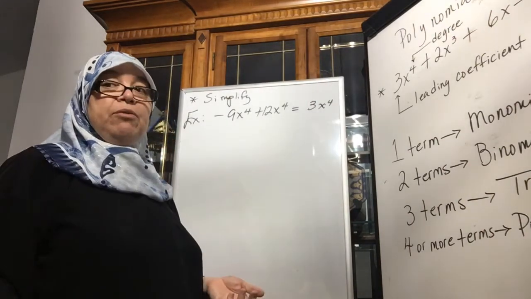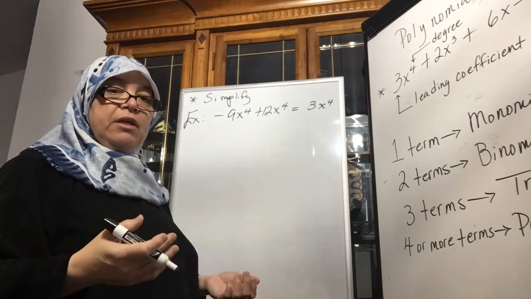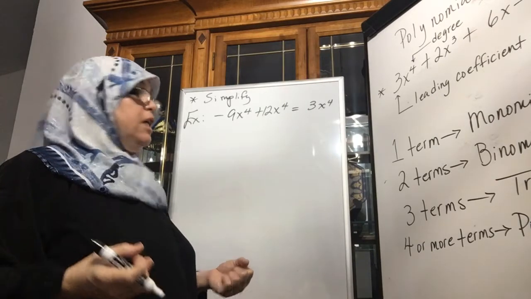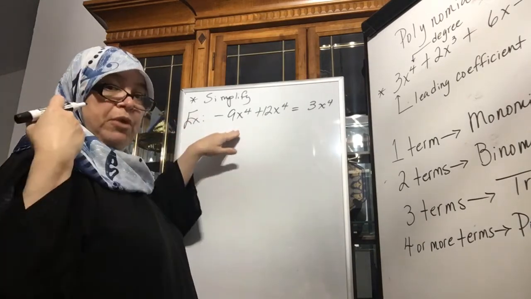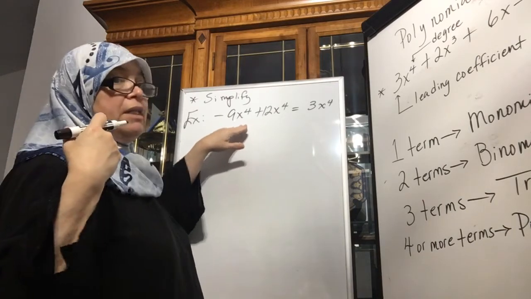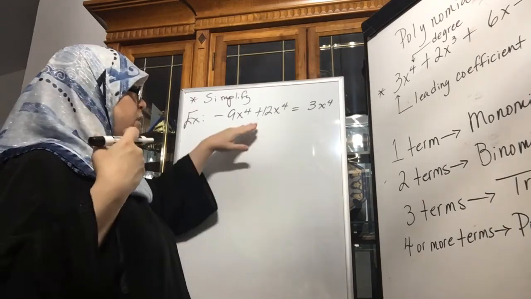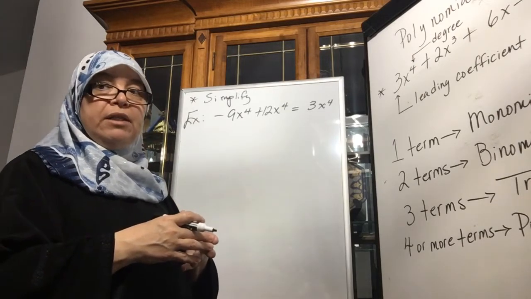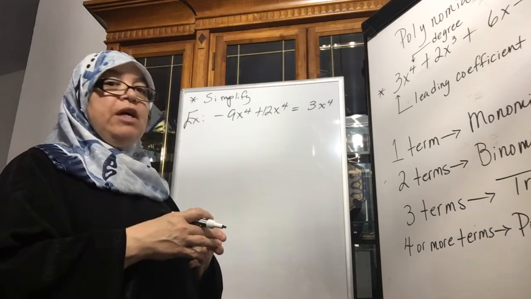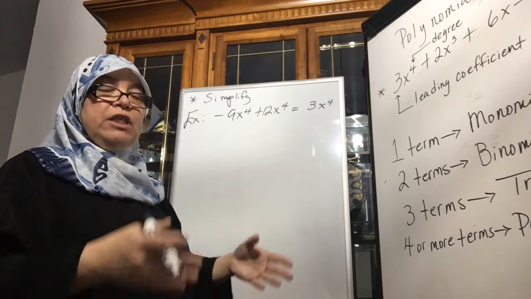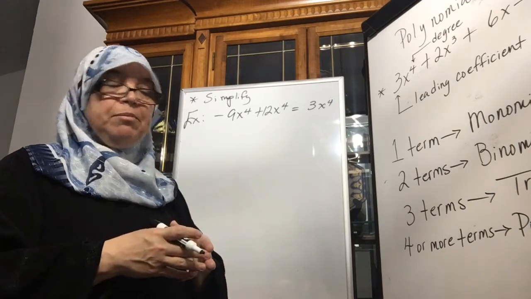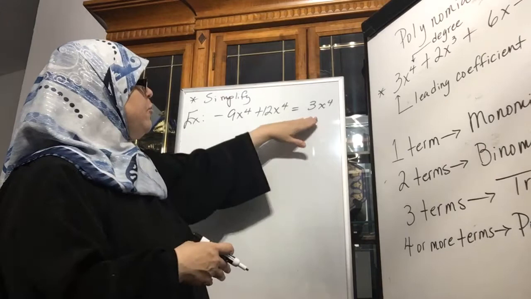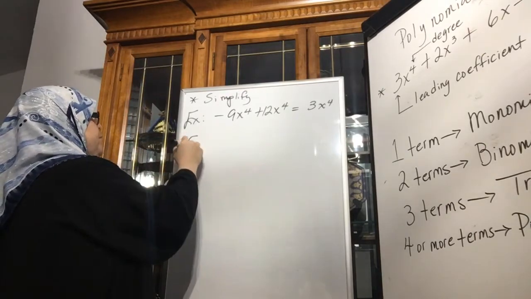You're not multiplying. Remember that, because one of the things that kids forget is that they're used to the previous lesson where we were multiplying the same base and they add exponents. Here, you're just combining the terms. You're not multiplying them. You're not dividing them. You're not raising them to another power. You're just simplifying them and adding them up, okay? So in this case, 3x to the 4th.